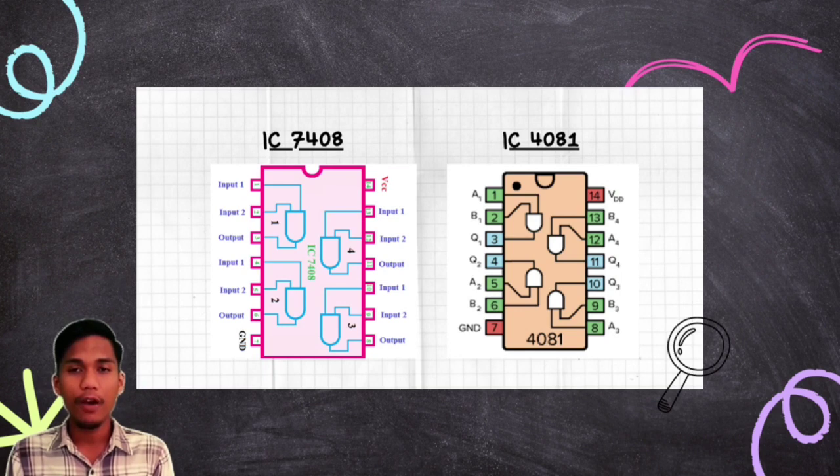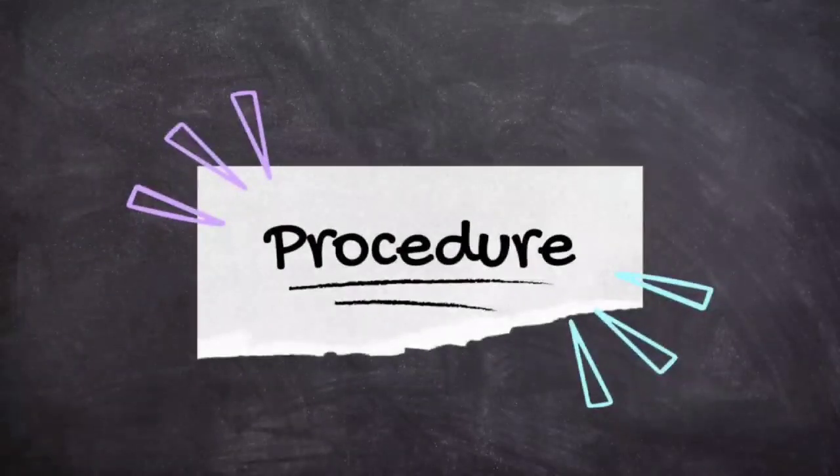The 4081 is part of the CMOS complementary metal oxide semiconductor family of ICs. It uses MOSFET, metal oxide semiconductor field effect transistor technology and can operate with a wider range of supply voltage, typically from 3 volts to 15 volts.